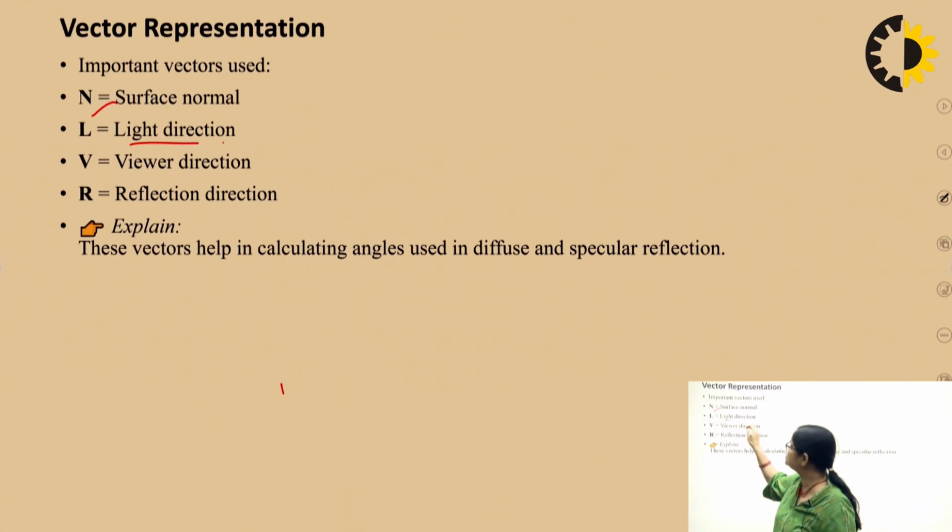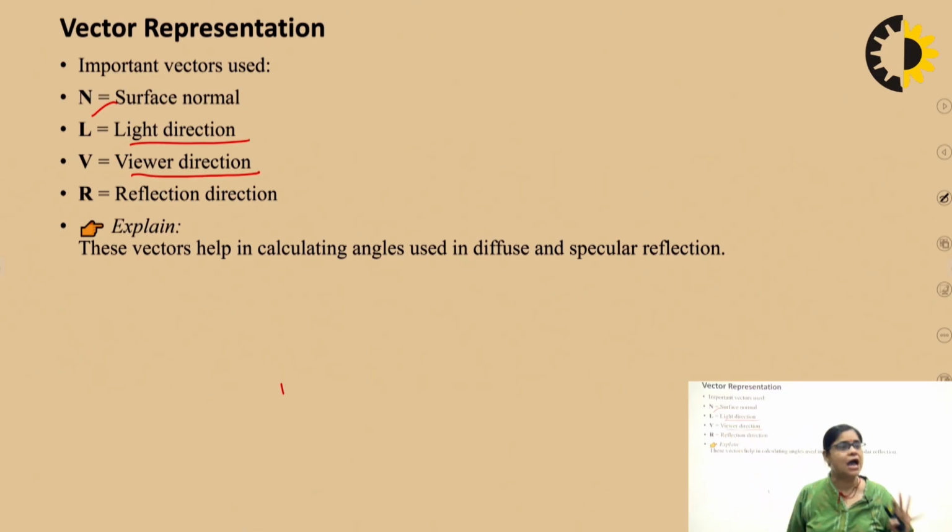L is used as the light direction. V is used as the viewer direction, and R is for the reflection. Now these vectors help in calculating the angles which are used in the diffuse and the specular reflection, right?